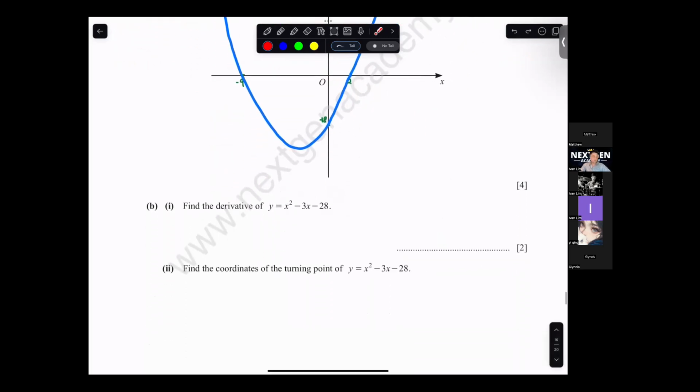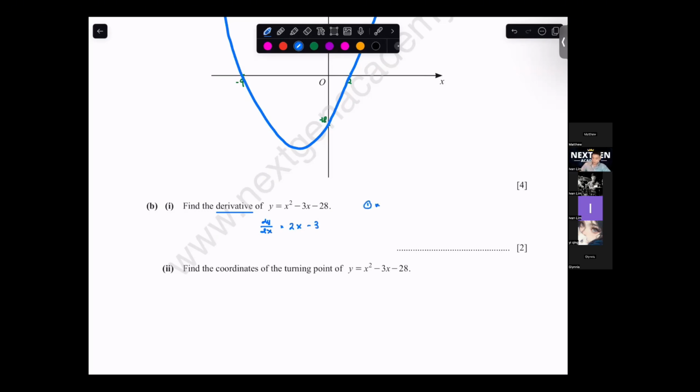Find the derivative of y equals x squared minus 3x minus 28. What is the meaning of derivative? dy over dx. Please know the language here. So I want you all to differentiate this. dy over dx, there are 2 steps: you multiply power, then you power minus 1.